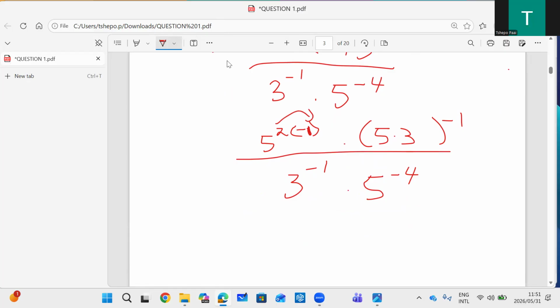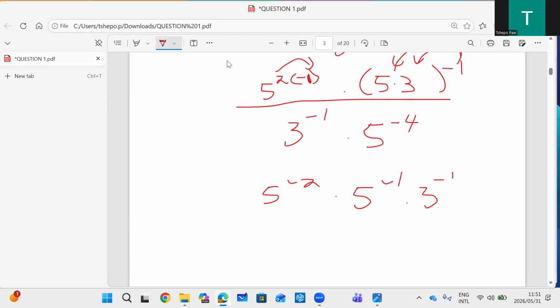Two times minus 1, so we have 5 to the exponent minus 2 times this minus 1 times 3. And so that exponent minus 1, we will have 5 to the exponent minus 1 times 3 to the exponent minus 1 all over 3 to the exponent minus 1 times 5 to the exponent minus 4.